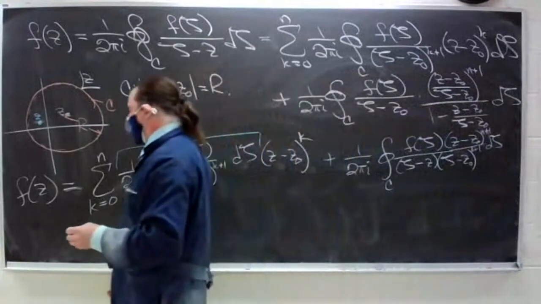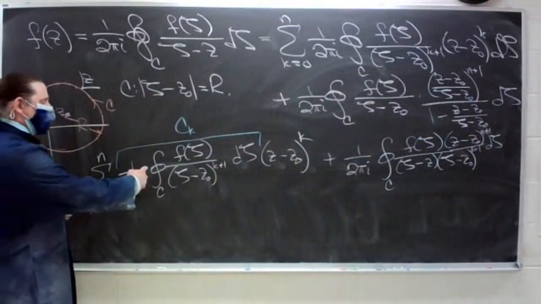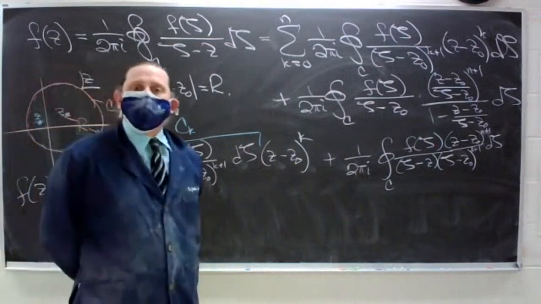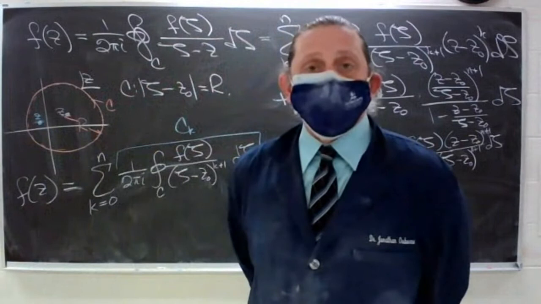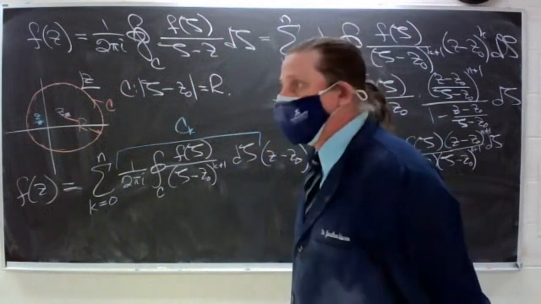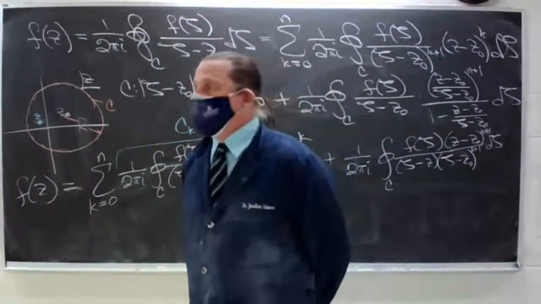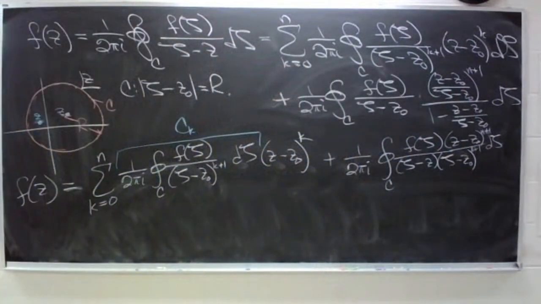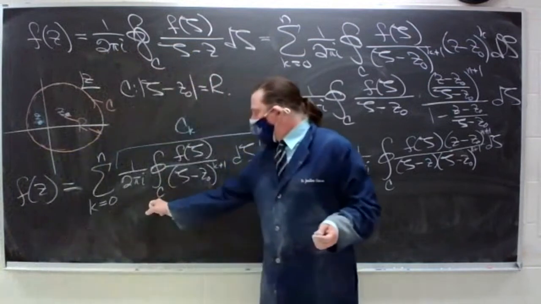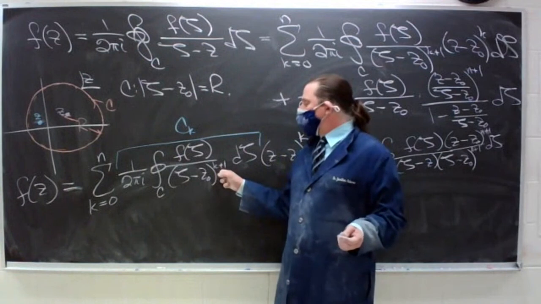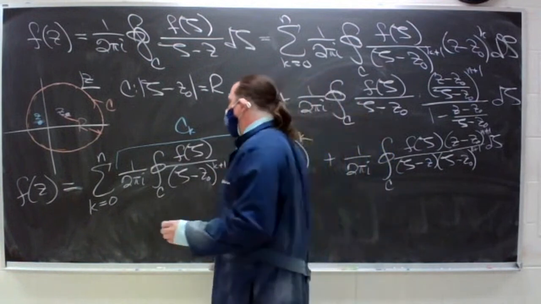Here we've got a series. And if you recognize this, this is CIFFD, Cauchy's integral formula for derivatives. Remember, the k-th derivative of f at z naught is equal to k factorial divided by 2 pi i, integral over closed loop f of zeta divided by zeta minus z naught to the k plus 1 d zeta.